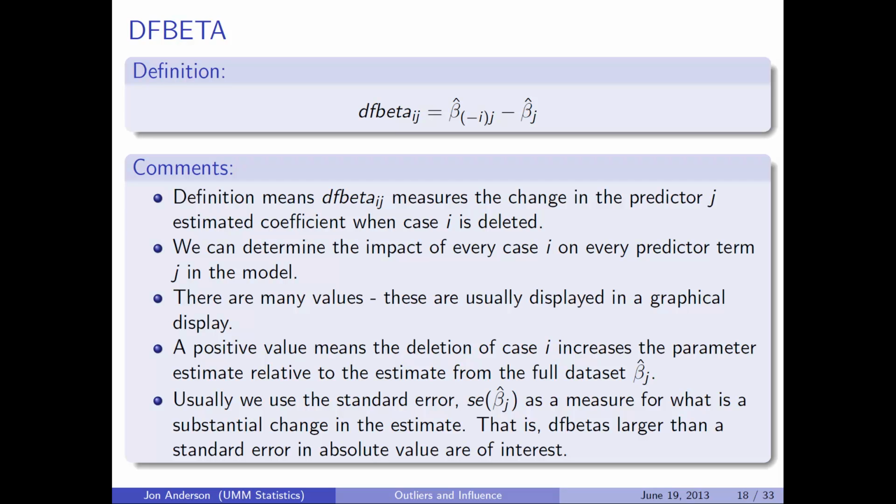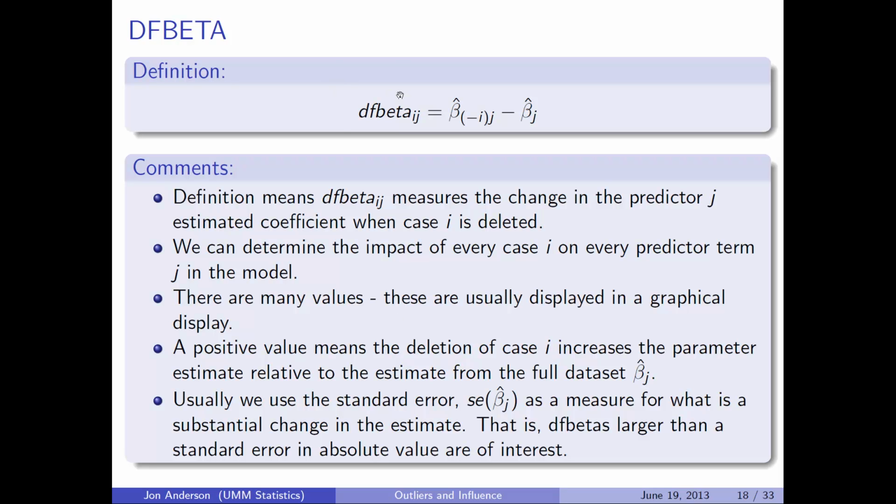It is a very large amount of diagnostic information. It just measures how much the predictor coefficient for predictor j is going to change when a case is removed. We're going to have every case's impact on every predictor, and there's a lot of information to display, and we'll usually do it in some sort of graphical display like a scatterplot matrix.